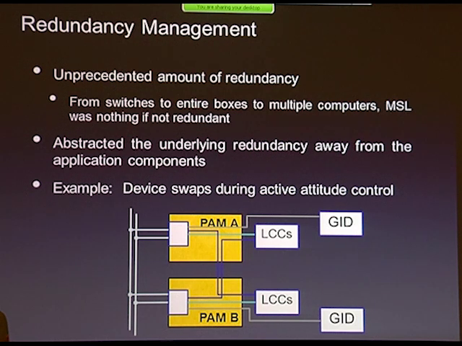The power analog module contains everything from the pyro cards, the load control cards, the guidance navigation cards, and the REU, the remote engineering unit, which is really the workhorse of the avionics. So we had redundant PAMs on MSL. Every type of PAM was redundant.